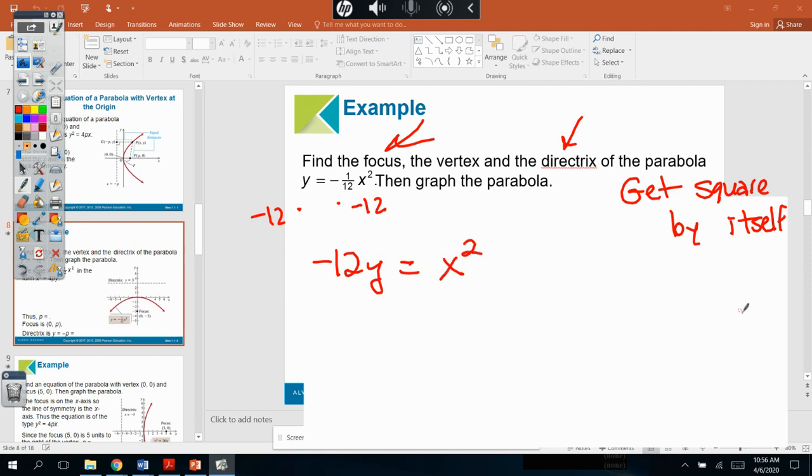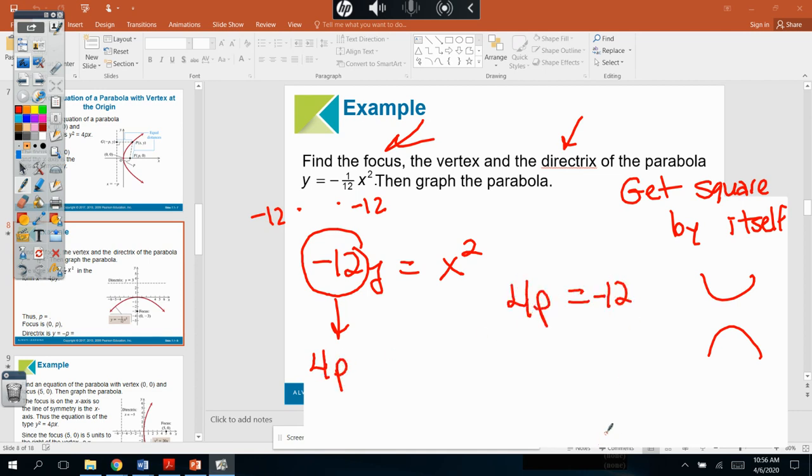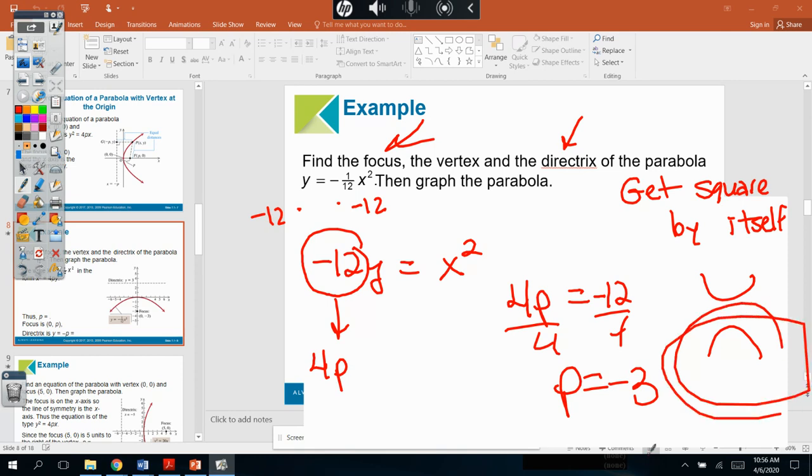Now, since the x is squared, I know that it's either going to be smiling or frowning. The number in front of the y is 4p. So now I have 4p equals -12, and I get that p is going to be -3. Because p is negative, I know it is going to be frowning. These are all non-translated.